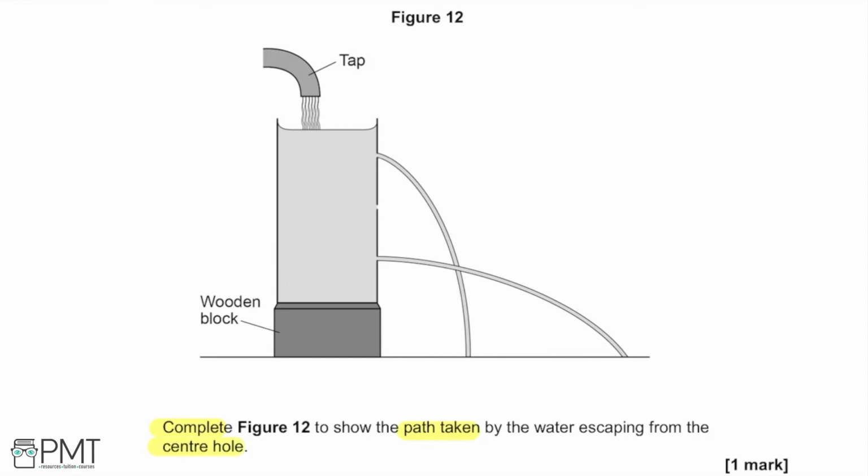So initially here I'm looking for a trend in the paths of the water. So we have at the top hole the water's falling much more closely to the base of this wooden block, and at the bottom hole it's being projected much further away from the base of the wooden block. Now this is going to be due to the difference in pressure between the pressure here at this hole and the pressure here at the top hole.